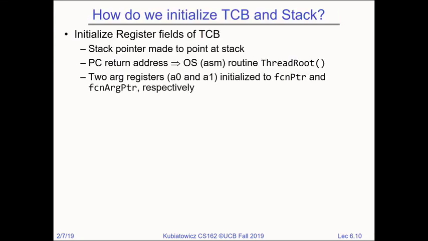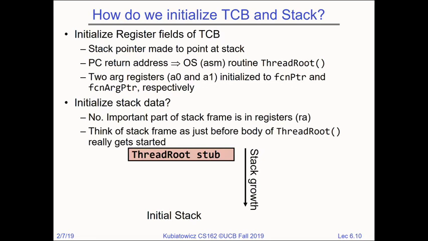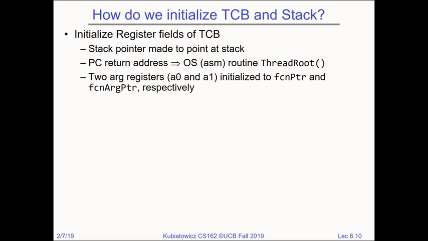Okay, so what did I mean by that? So here we go. I didn't say this yet. Basically what we have to do is initialize the thread control block with the right thing. So there's a stack pointer made to point at the user's stack, the return address, which is a special routine called thread root, and a couple of argument registers, including the code that's actually going to run and the array of arguments, which are going to be in, say, A0 and A1.